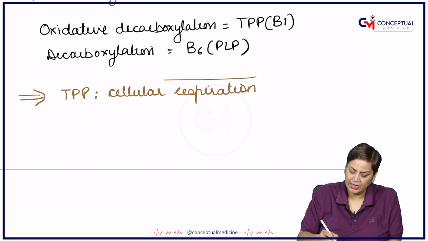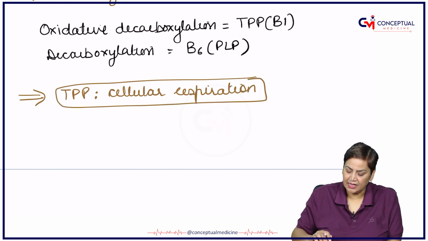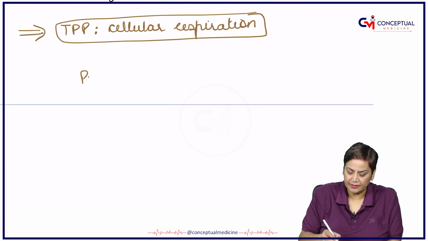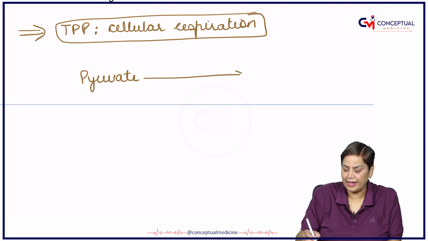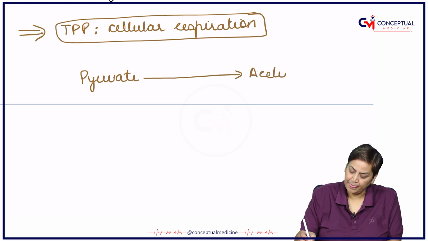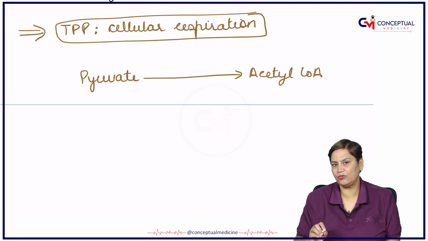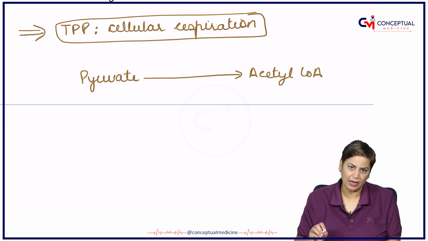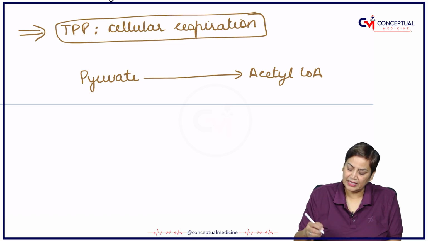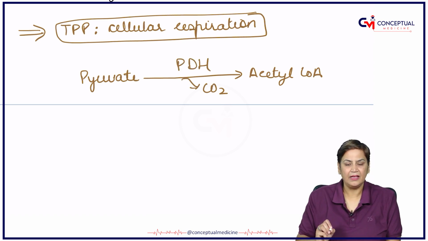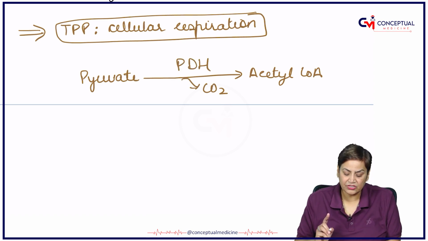So what happens here is that we know that pyruvate is converted into acetyl coenzyme A, and that is why we say that carbohydrates can always be converted into fats, but fats cannot be converted to carbohydrates. So when pyruvate is converted into acetyl coenzyme A, carbon dioxide is given out and PDH is there. And this is strictly an irreversible reaction.